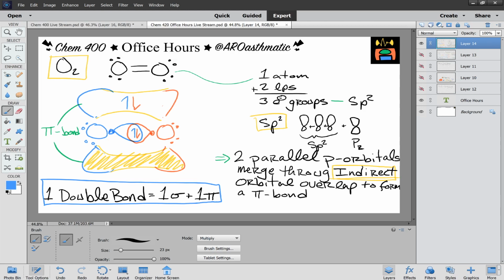There is only one pi bond. One pi bond has two lobes. You can think of it like this. Every pi bond has an upstairs and a downstairs.